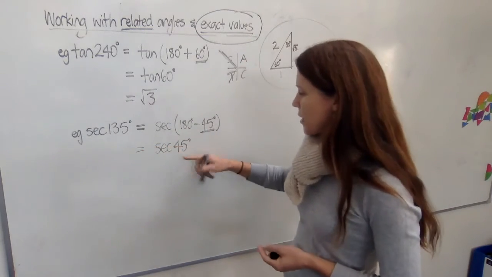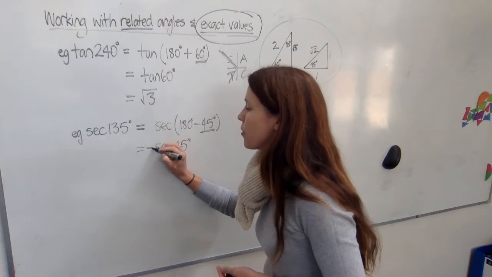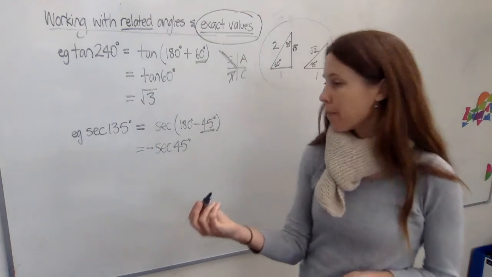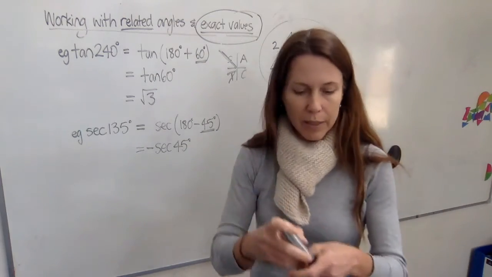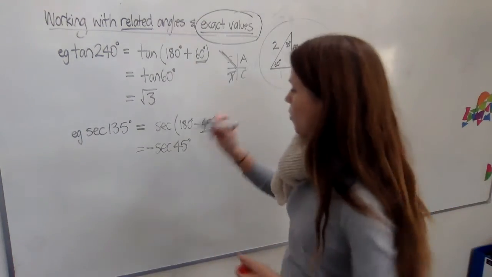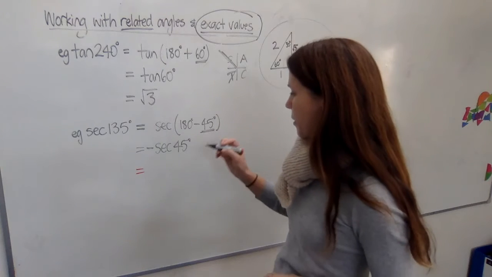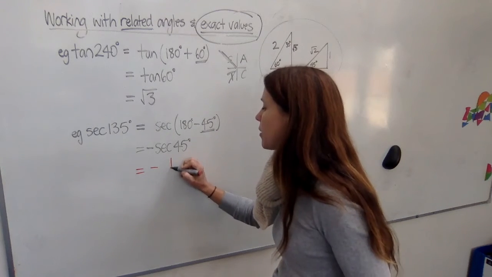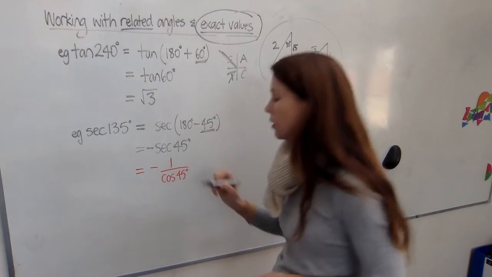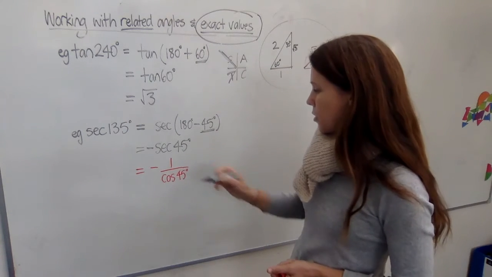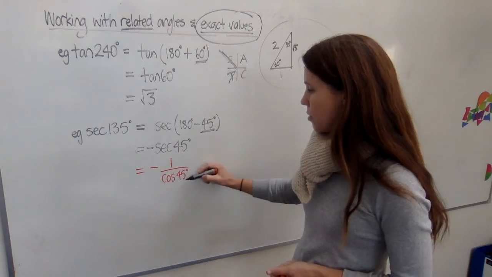So it's going to be just like sec 45, except we have to make the negative version of it, okay? Now, what to do next? Well, one person might, let's use a couple of different colours. One person might say, all right, from there I'm going to say that's minus 1 over cos of 45, okay? So I just changed sec to 1 over cos.